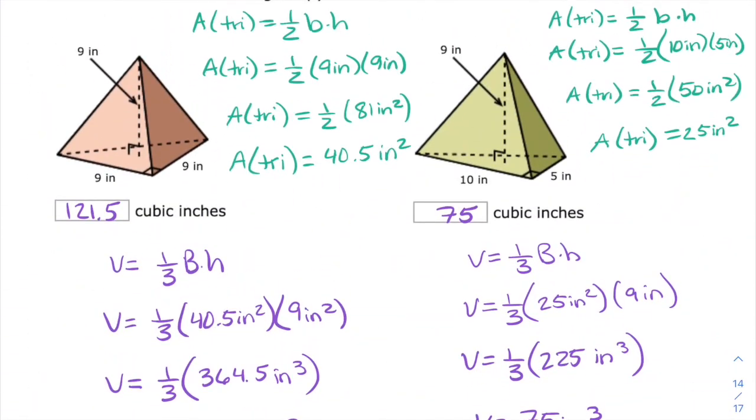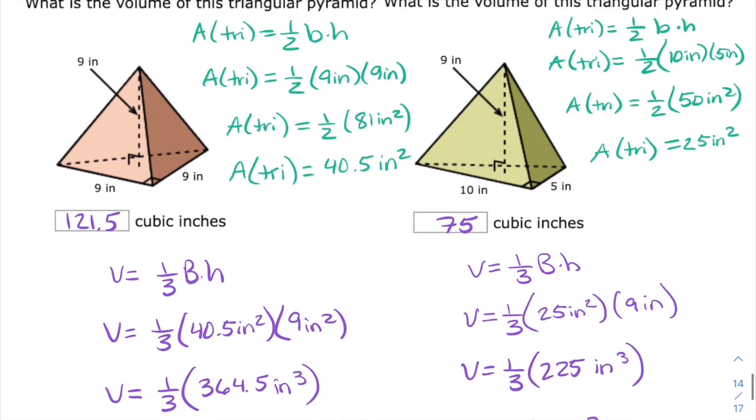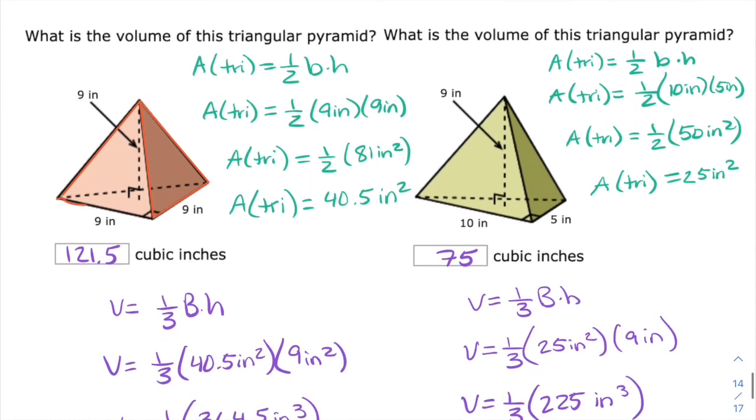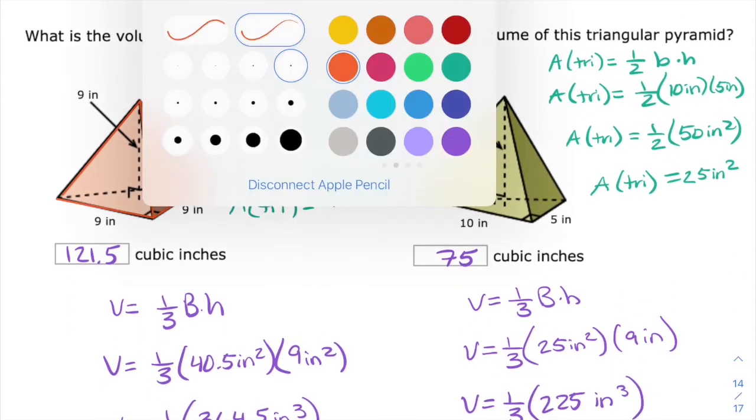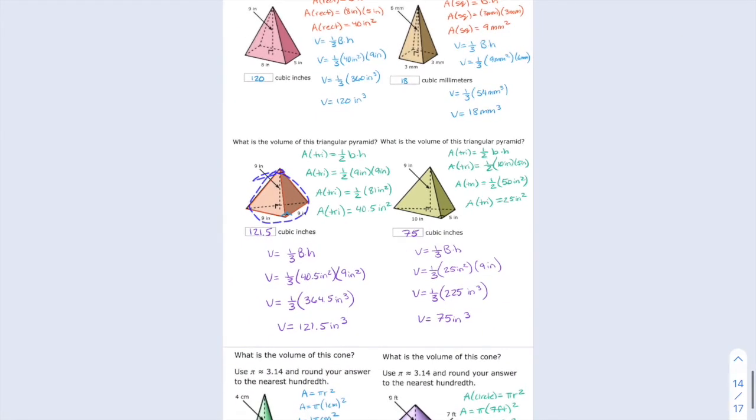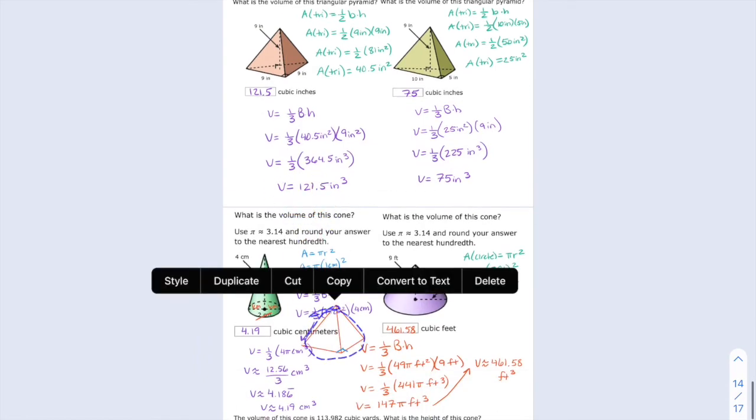These aren't going to be drawn to scale, but let me just copy one of these triangles and drag it down. It's good to work off of something that I already have so that my diagram looks good.